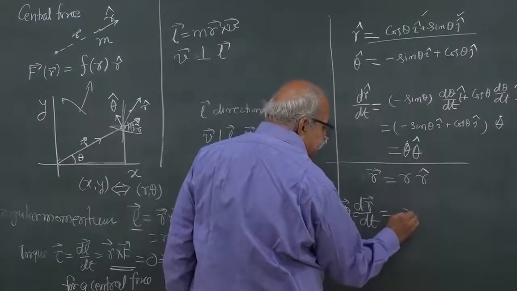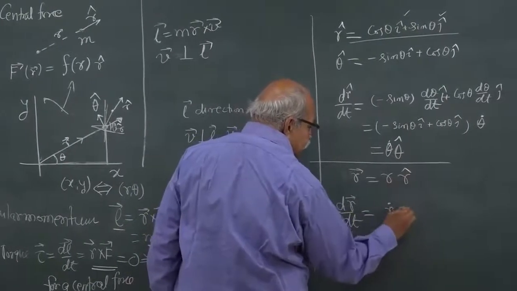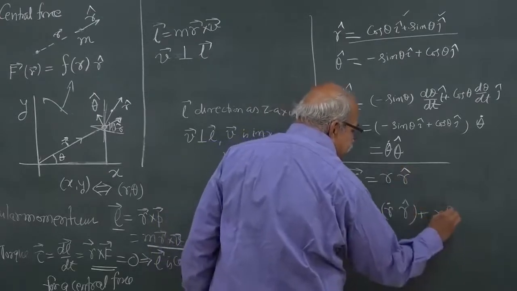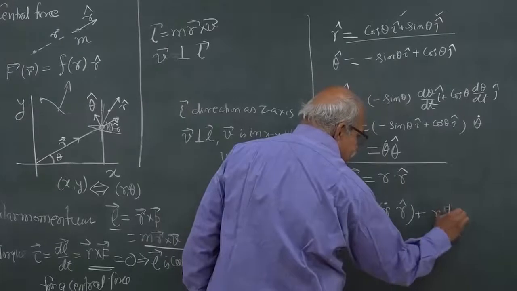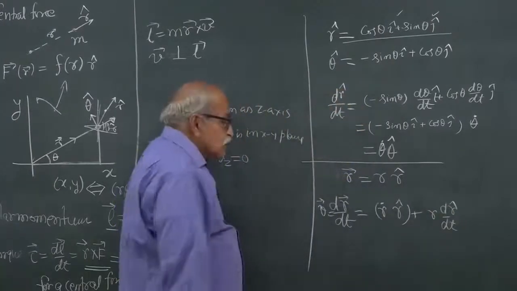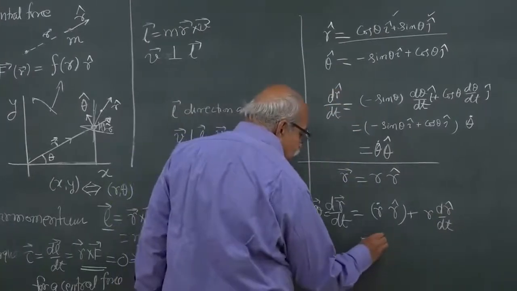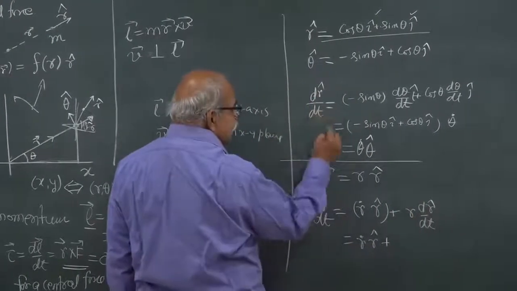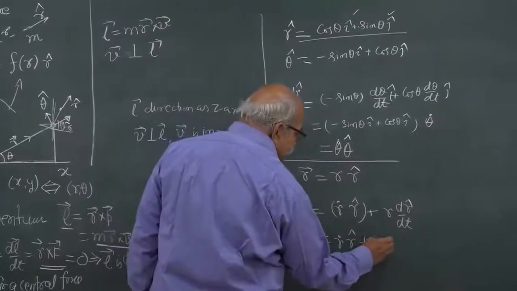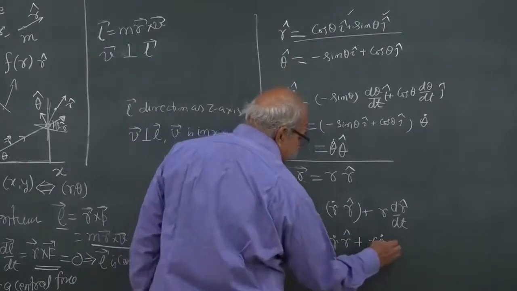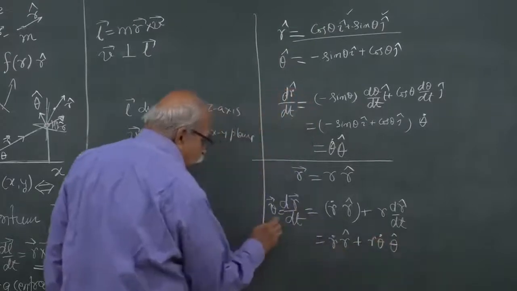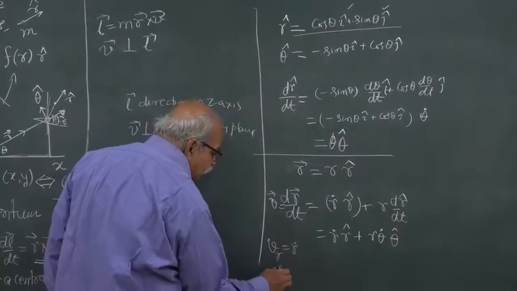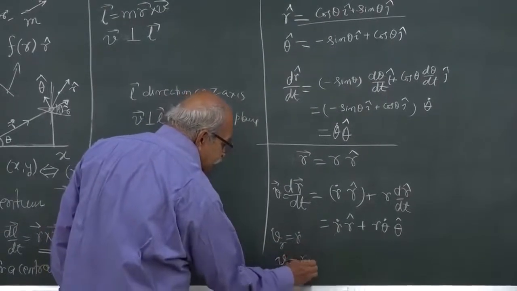So, differentiate this, keep this as constant, then keep this as constant, differentiate this, and that is equal to r dot r cap, plus r times dr cap dt. dr cap dt is right here. So, it is r and then theta dot and then theta cap. So, the r component is r dot and the theta component is r theta dot.